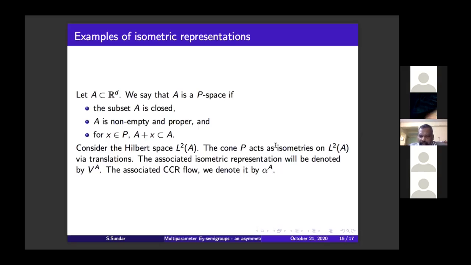That isometric representation I call VA, and I call the associated CCR flow alpha A. Okay. So what are some examples? You can take A equals P itself, or you can take P union P plus A and things like that.